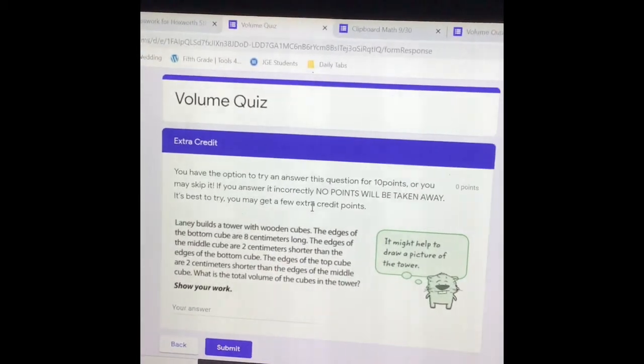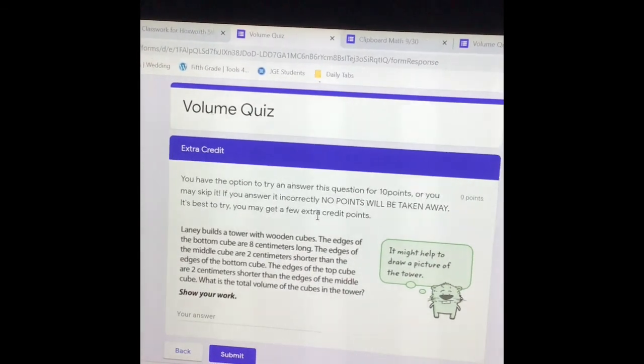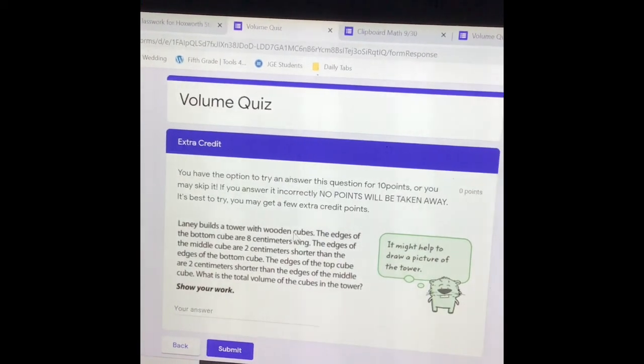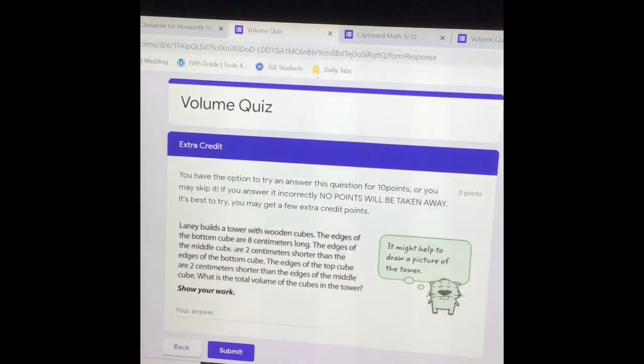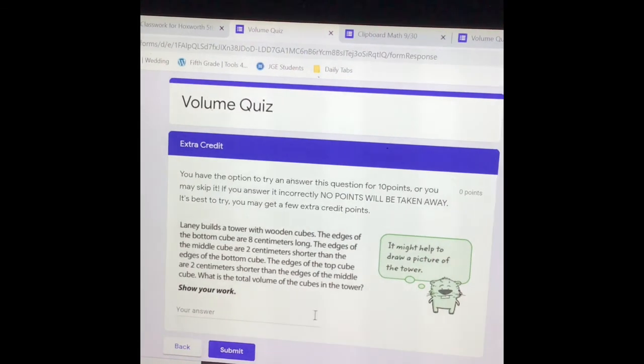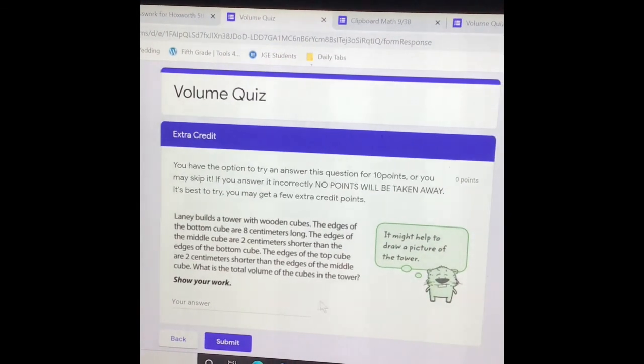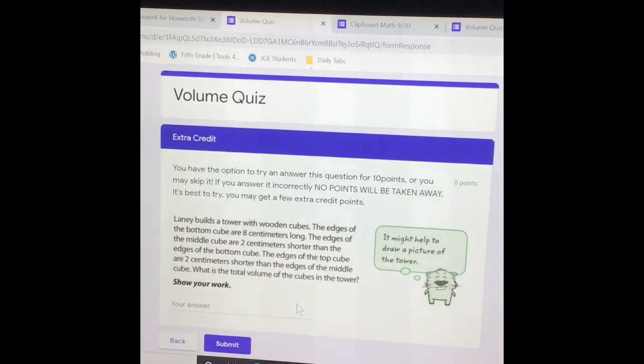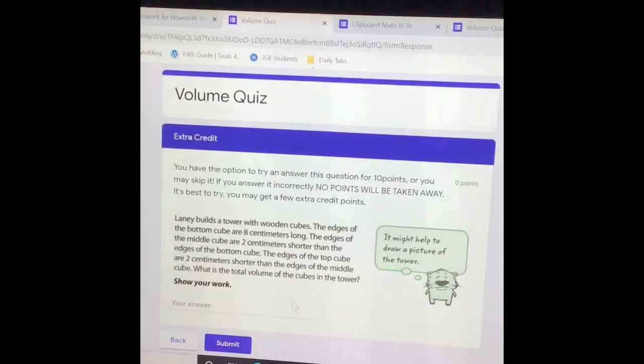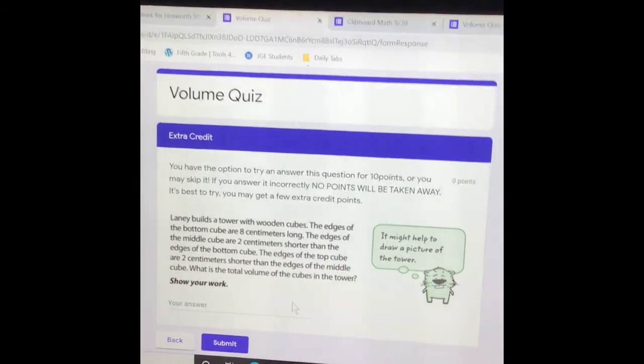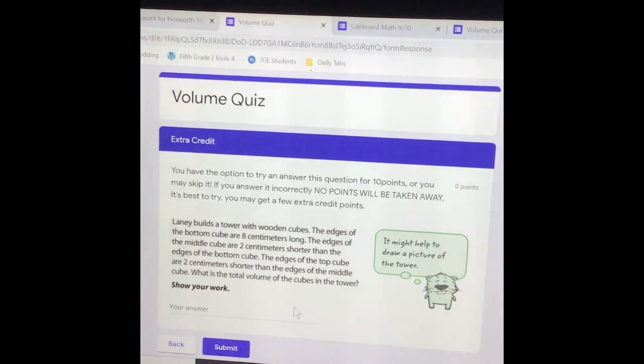So here's the question. Lainey builds a tower with wooden cubes. The bottom is 8 centimeters long. The middle is 2 centimeters shorter than the bottom.